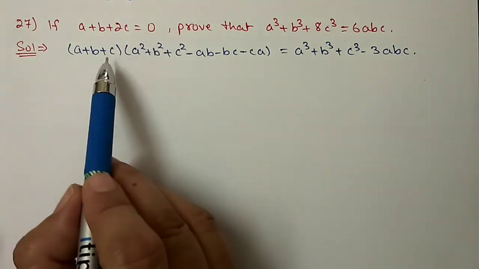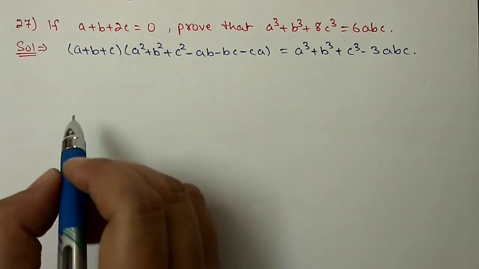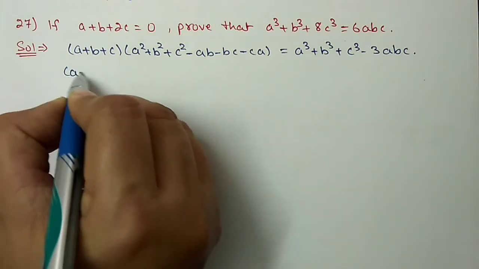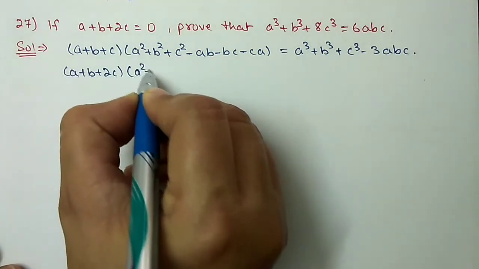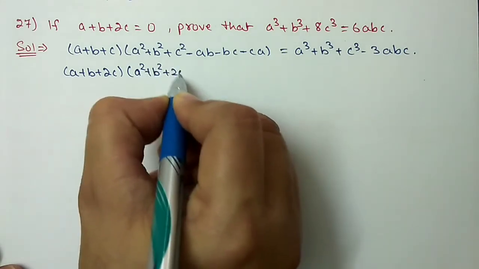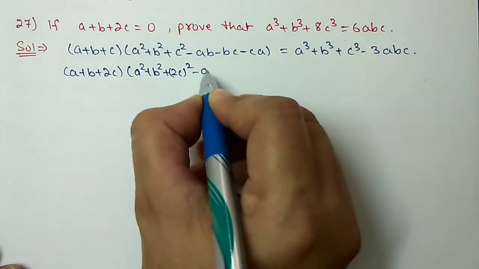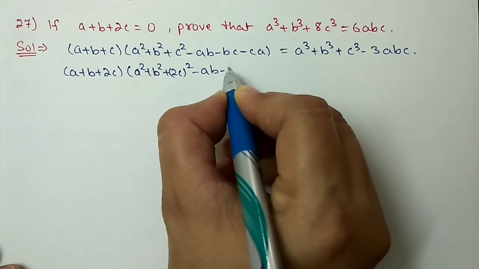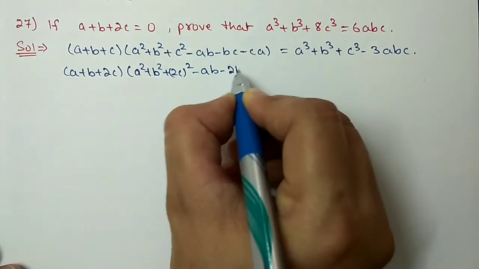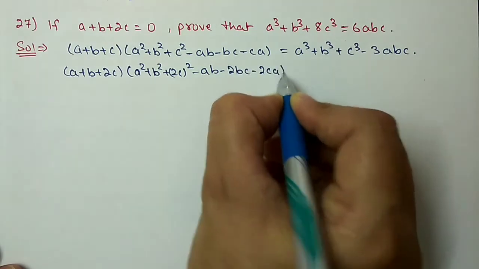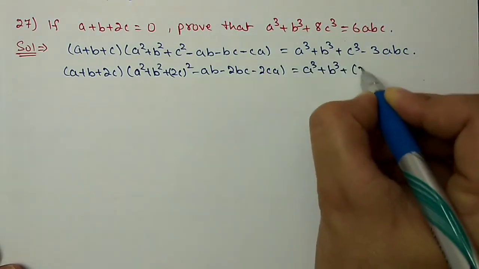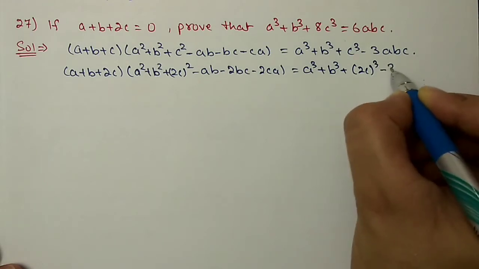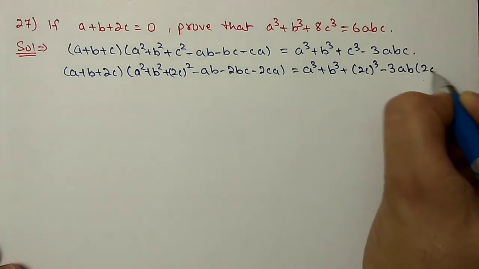So we will replace this c with 2c and substitute values here. So a plus b plus 2c, then here a square plus b square plus 2c square minus ab minus b into 2c means 2bc and minus 2ca. This will become a cube plus b cube plus 2c whole cube minus 3ab into 2c.